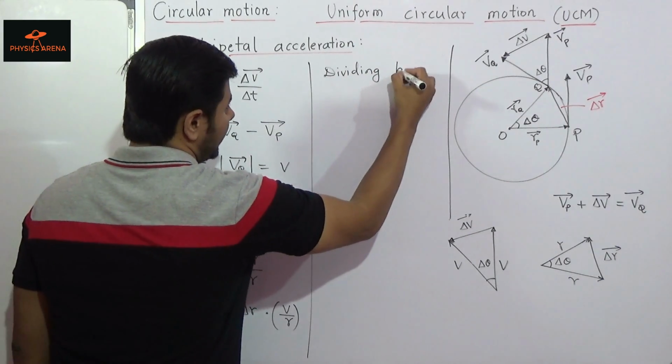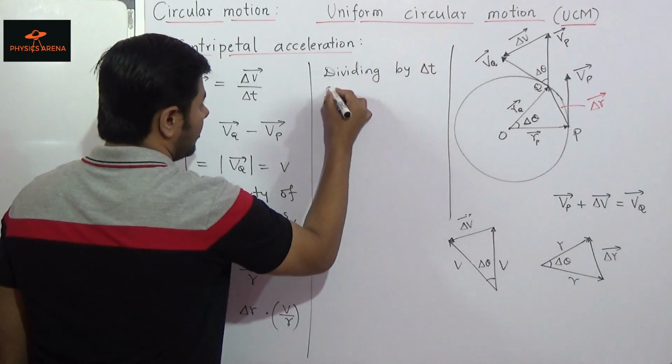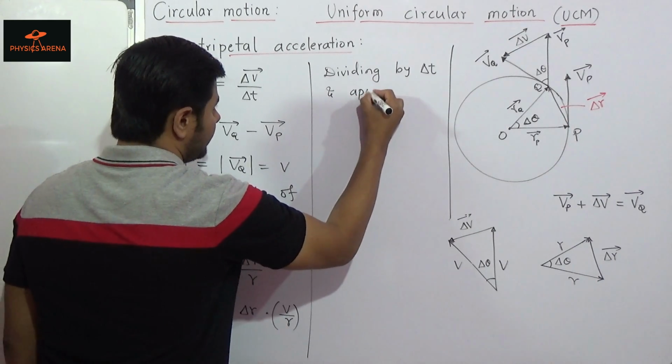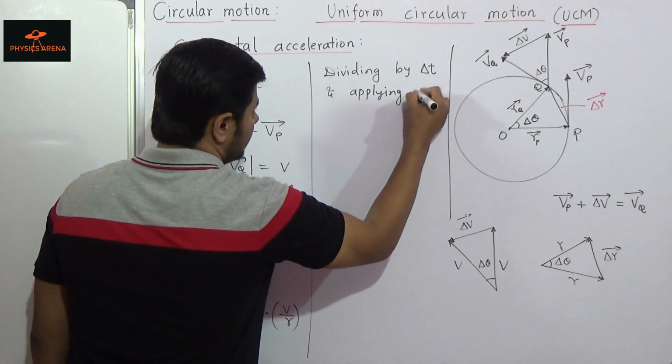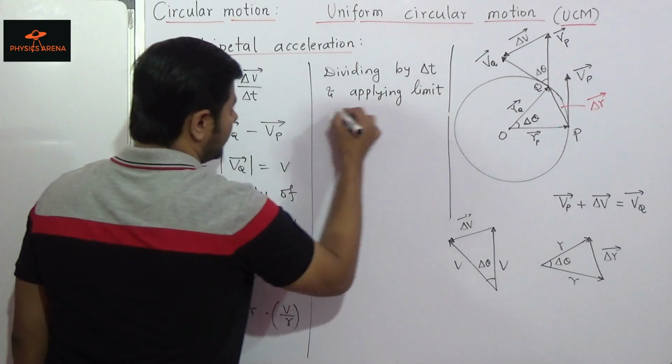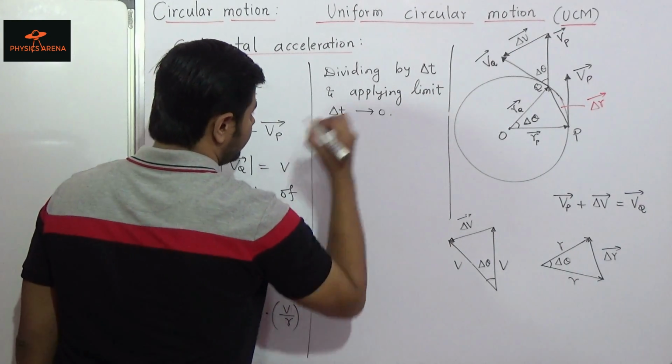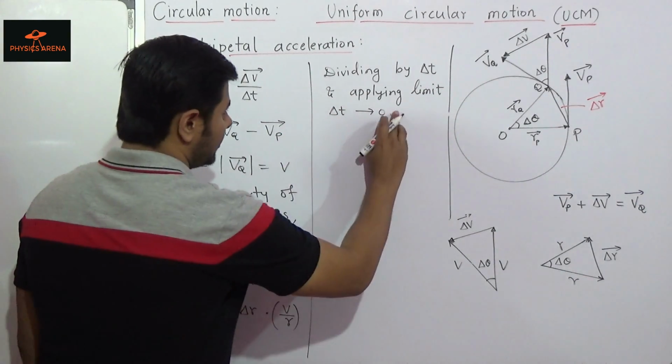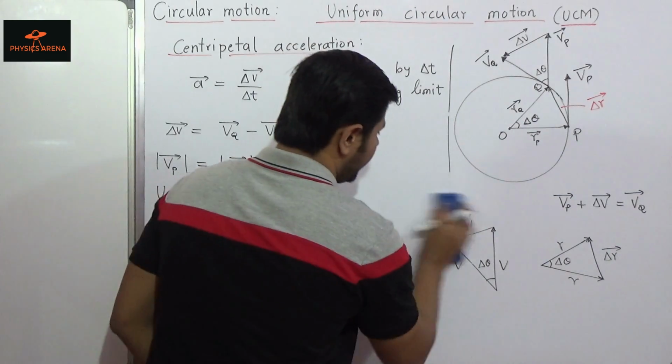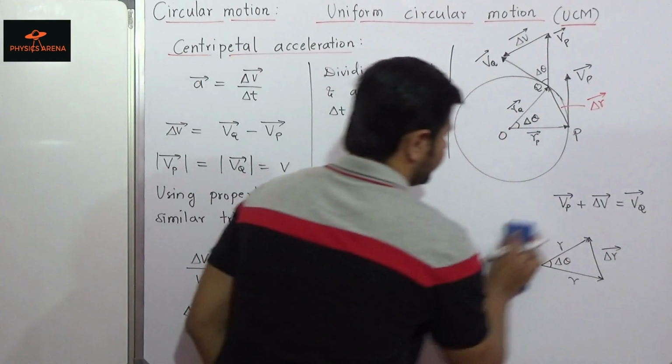So dividing by delta t and applying the limit delta t tends to 0, we can rewrite this. Okay, for that let me erase this part.